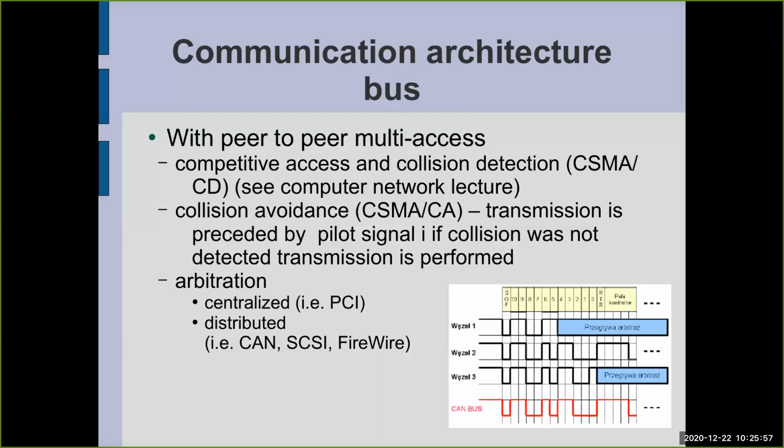What is typical for CAN and other interfaces like this? This is typical that we have 2 states, so we have high and low state.